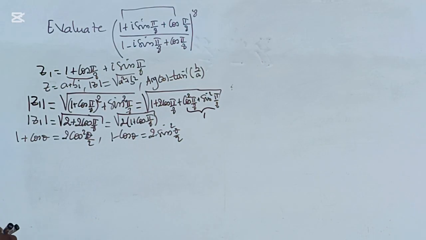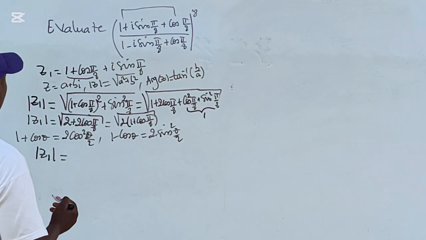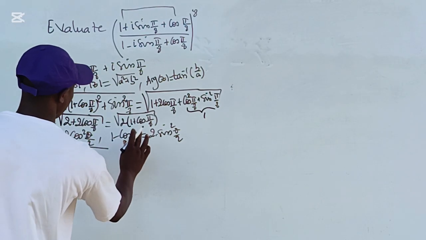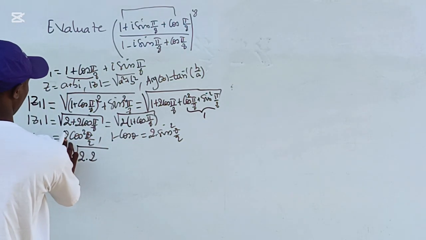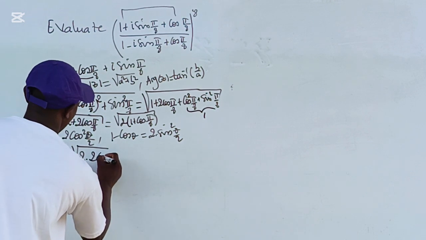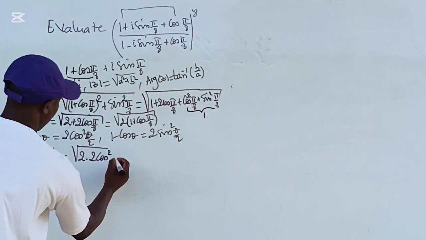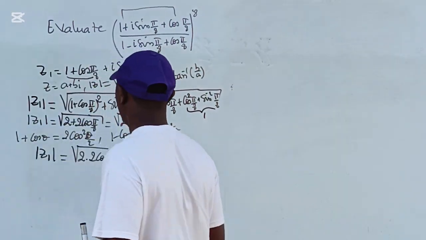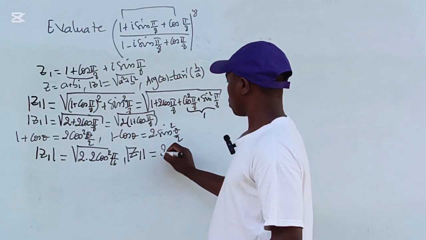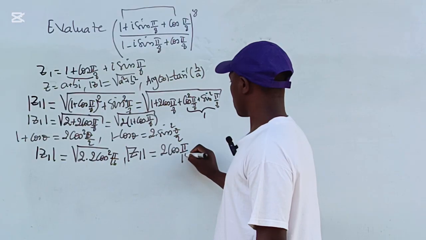Now this modulus will be the square root of 2 times 2, which is 2 times the square of cosine of this angle by 2, this is pi by 16. So the modulus of z1 is equal to 2 times cosine pi by 16.